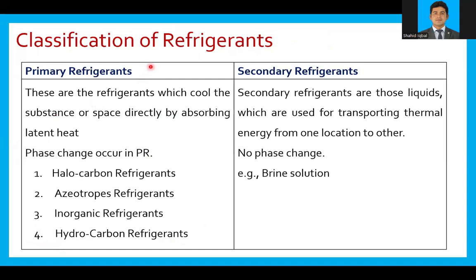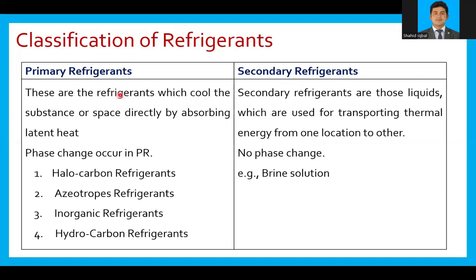Here are the different types of refrigerants. For example, the refrigerants that contain different halogens and halocarbons are known as primary refrigerants, whereas secondary refrigerants are liquids, normally water and brine solution. There is no phase change in the secondary refrigerants. These are the two main classifications of the refrigerants.